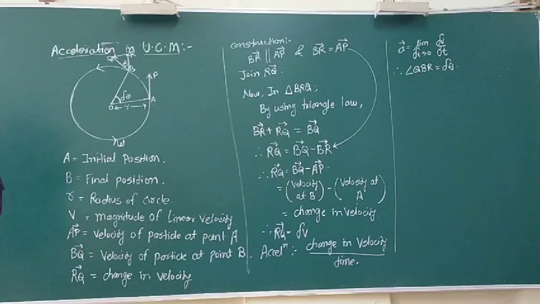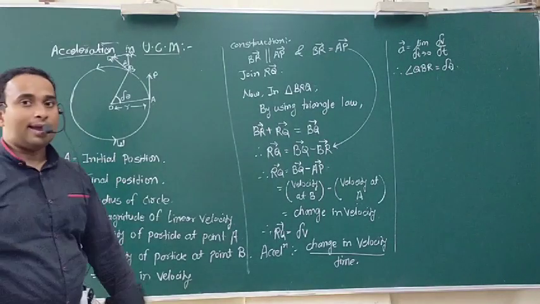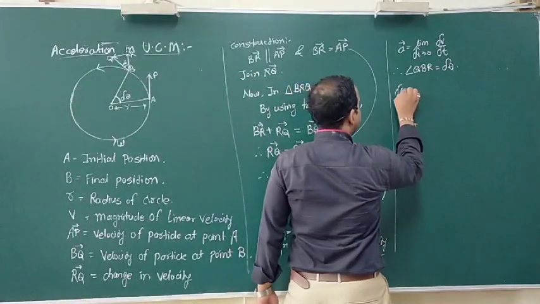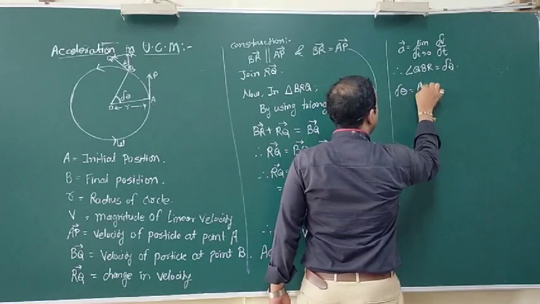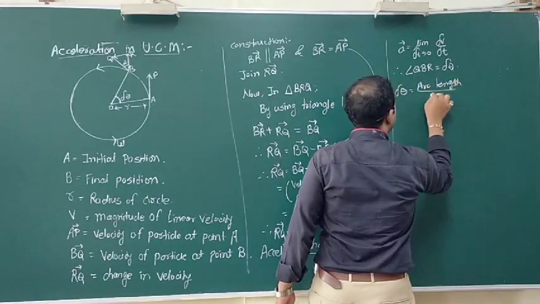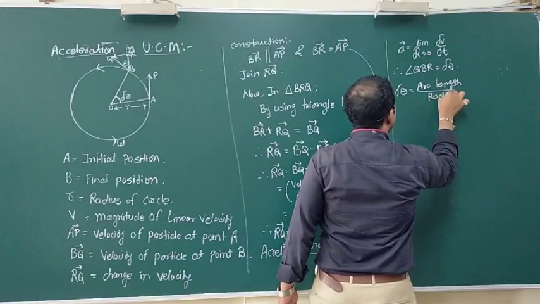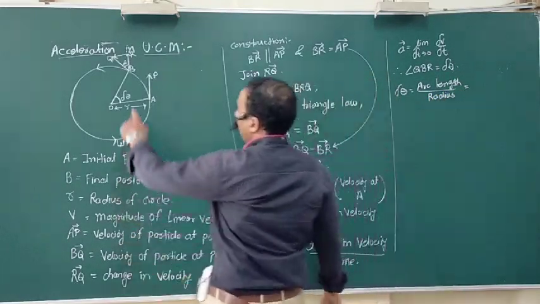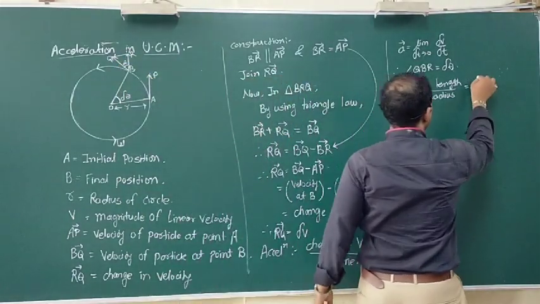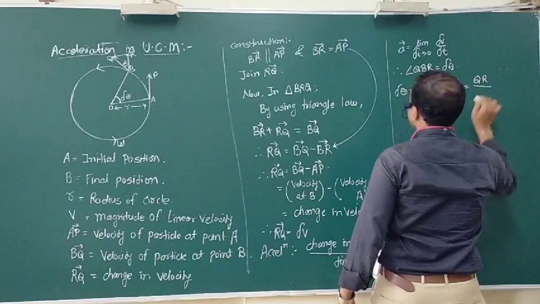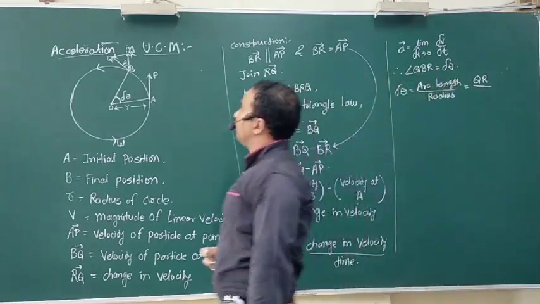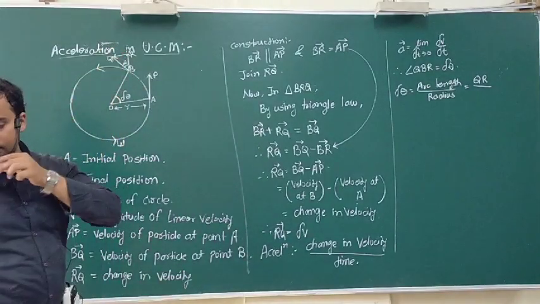Okay, so we know the formula for angular displacement: delta theta is equal to arc length upon radius. Angle delta theta is here, so the arc length is QR upon radius, that is BM.